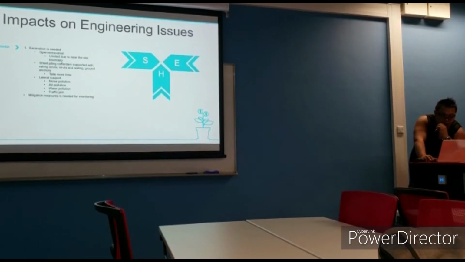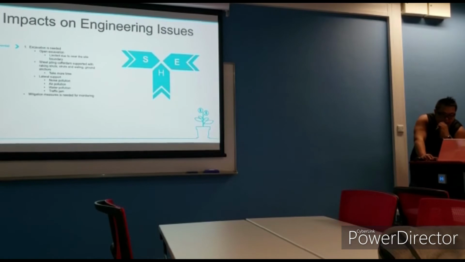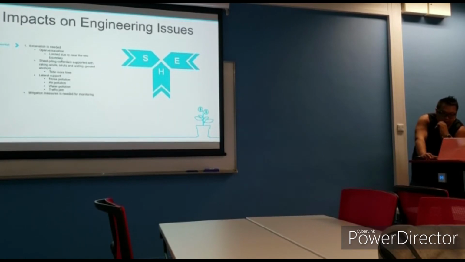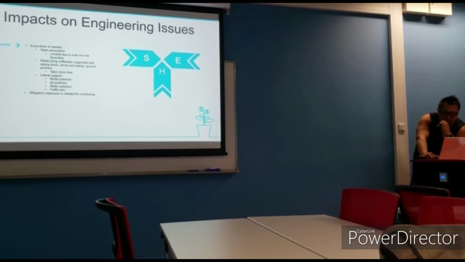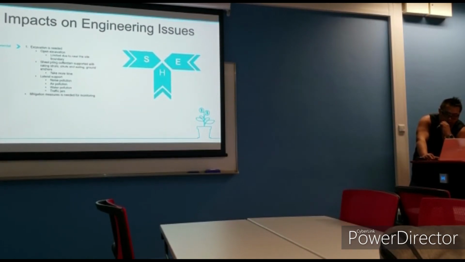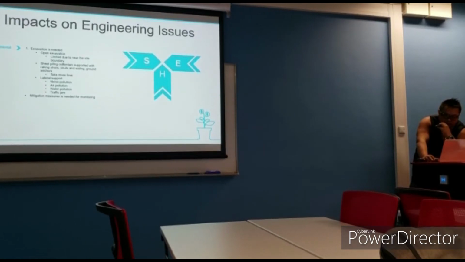For the sheet piling component support with walings, struts and ground anchors, it may take more time for the construction. For the lateral support, it may cause noise pollution, air pollution, water pollution, and traffic jam. Therefore, mitigation measures should be put in place for the monitoring.